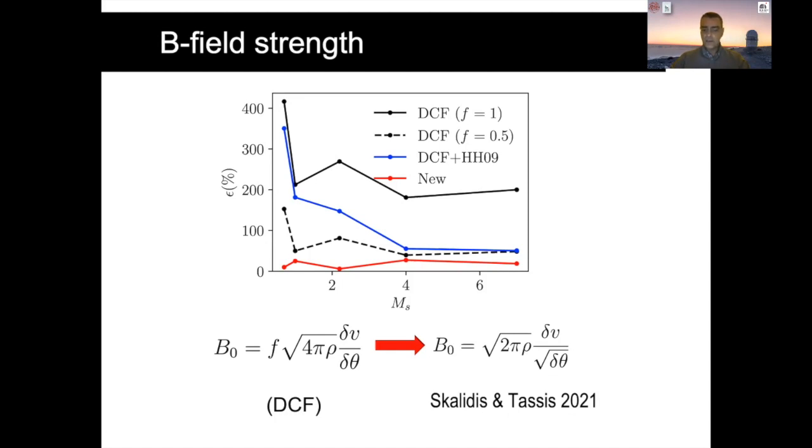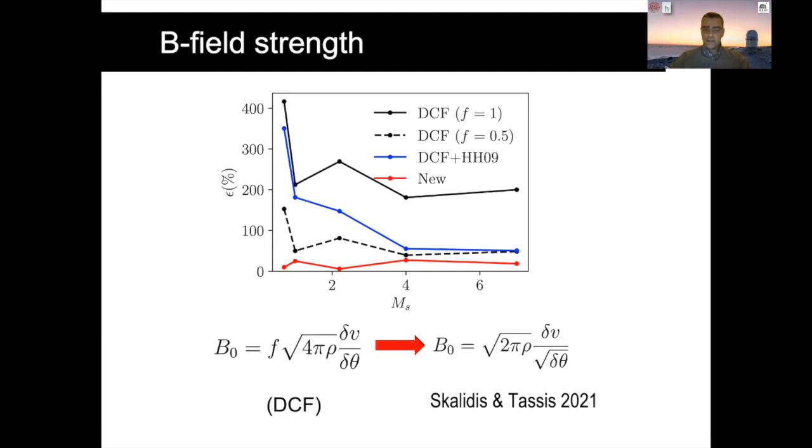To correct for the overestimation of the magnetic field, which, as you can see, can be very large, usually a fudge factor is introduced, and it's shown here by the black dashed line. Or sometimes a more sophisticated method of measuring the spread of polarization angles is used, like the one developed by Hildebrand and Wood in 2009, shown here in blue.